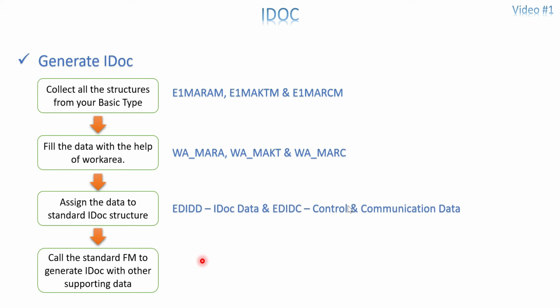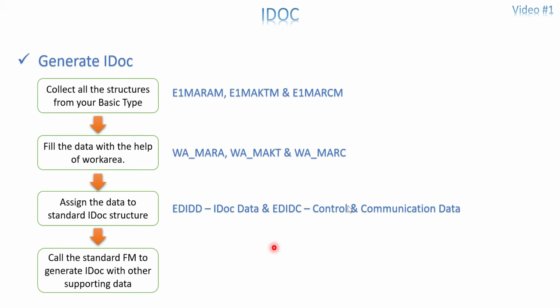And there are two structures to accept the IDOC data. The first one is EDIDD. This is one of the structures which accepts the IDOC data, and EDIDC is going to accept the data for control and communication.